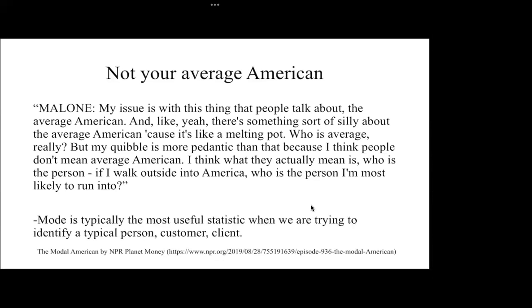So mode is typically the most useful statistic when you're trying to identify a typical person, typical customer, client, student, and so on. Because when we say typical, we mean a combination of categories. Of course, if the only thing you're concerned with is just age, then it doesn't matter. You will take probably the average or the median.